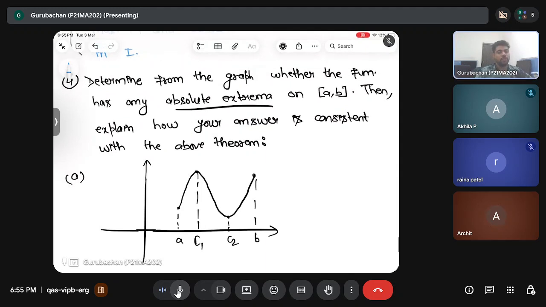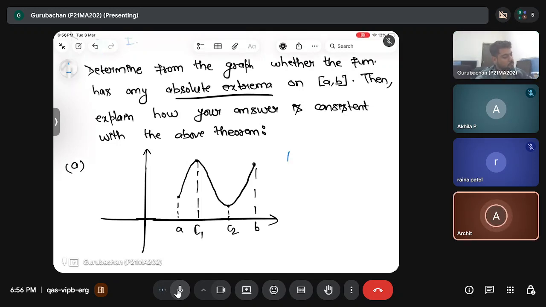So tell me whether the absolute extrema exist or not. Sir, it is existing. What are the points where they are existing? Sir, at points C1 and C2.